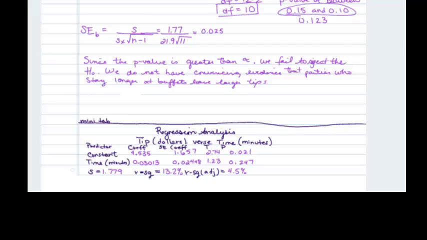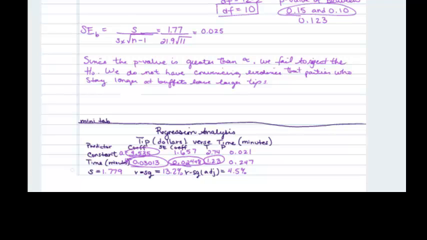So take a look at the information that may be given to you in kind of an output. You've got to be able to read these. Your coefficients here are for your constant and your time in minutes. So this would be your a and this would be your b. Your standard error coefficient, that's where your SE coefficient came from. Your t value.